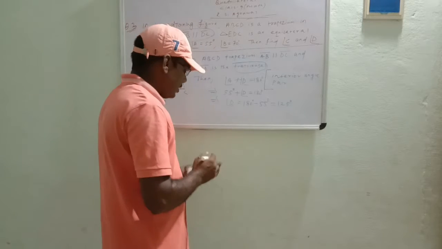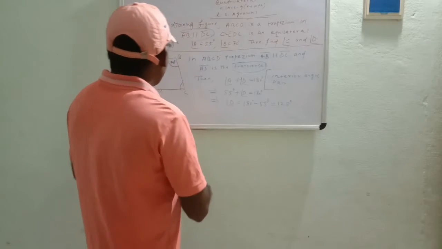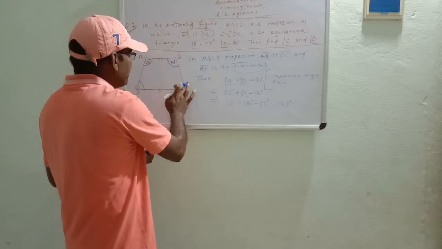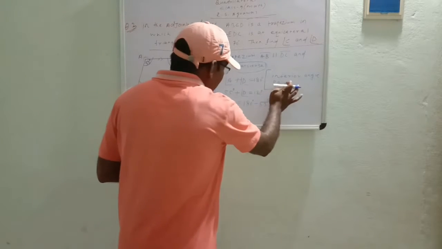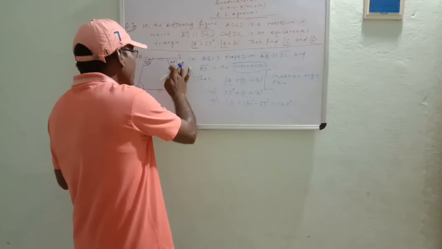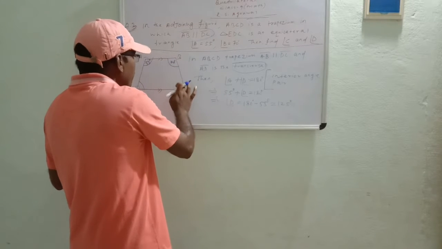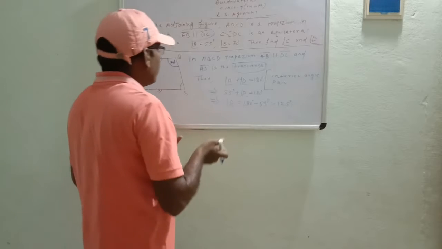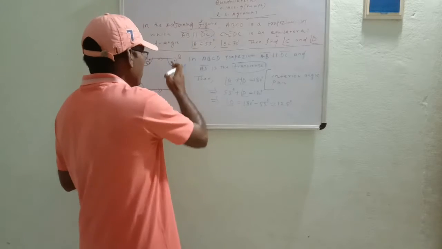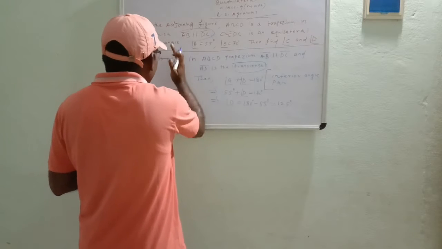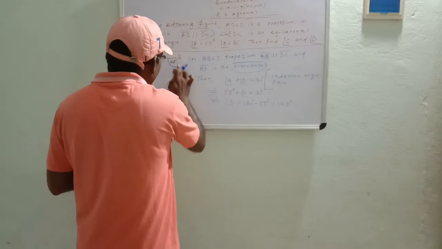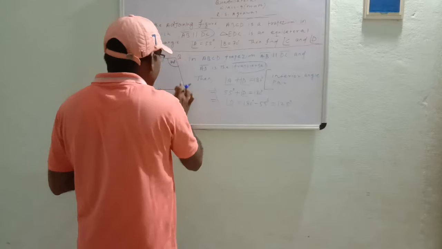Similarly we can say angle B plus angle C equal to 180 degree. What is the reason? The same reason. Interior angle pair on the same side of the transversal. BC is the transversal here. BC is the transversal, and it cuts AB and DC at point B and point C respectively.